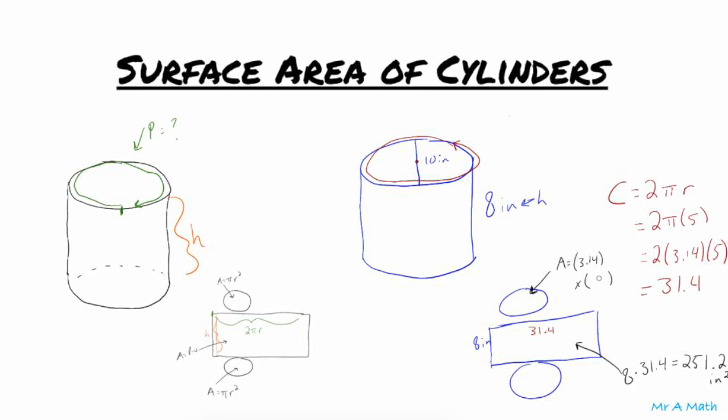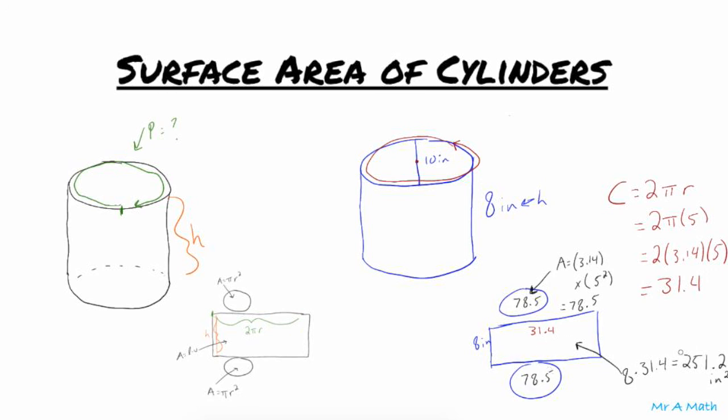And if my radius is 5, well, 5 squared is going to be 25. So if I just do 3.14 times 5 squared, I get an answer of 78.5. So this is the area of one of the circles. That means the other circle is also going to be 78.5.